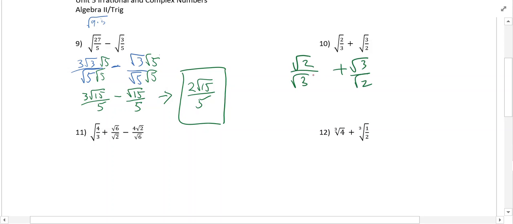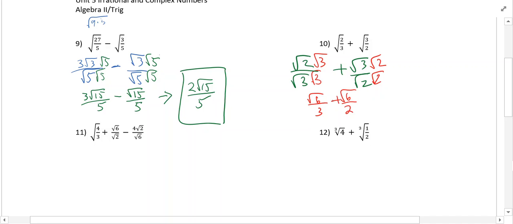And then I'm going to rationalize the denominator, so I'm going to multiply rad 3 to the top and to the bottom here. So in this one, I'm going to get rad 6 over 3. On this side, I need to rationalize, so I have to multiply rad 2 to the top and the bottom. So I get plus rad 6 over 2.